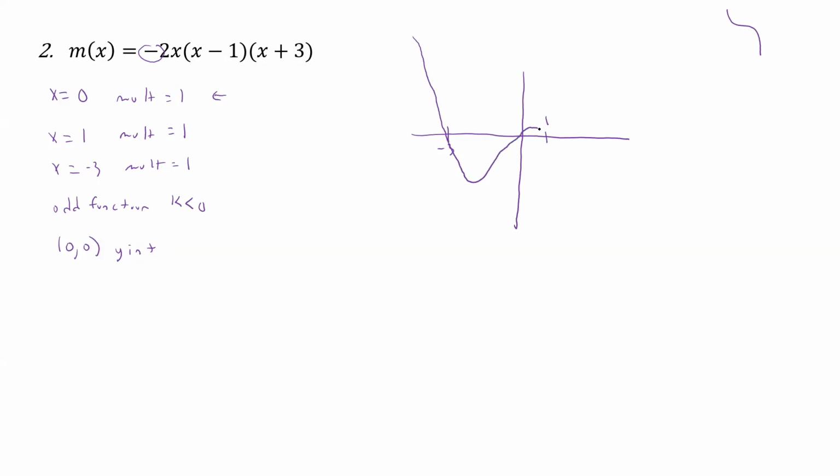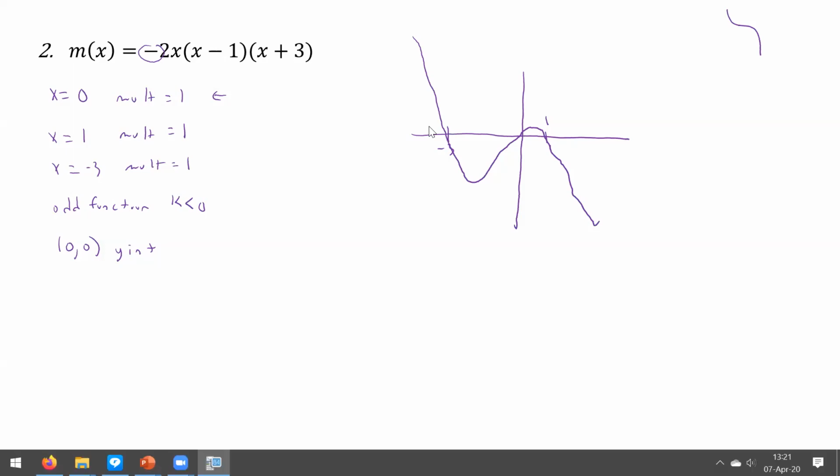And then it's going to come back down through that 1, 0, and it's going to look something like that. Again, how high it goes up here, and how low it goes down here, is hard to say without actually plotting some points. But this is the general shape of our graph, and that's really what we're trying to get at this point in time.